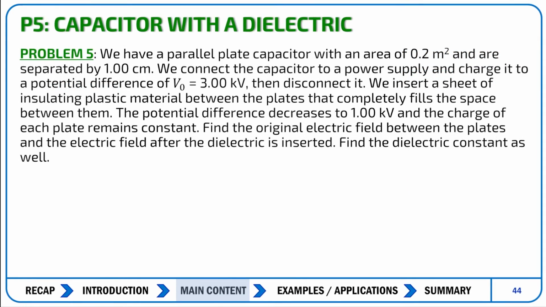Okay, so now we're going to take a look at a sample question where a capacitor has a dielectric inserted into it. So we have a parallel plate capacitor with an area of 0.2 meters squared, and it's separated by a distance of 1 centimeter. And the 1 centimeter is simply going to be 0.01 meters.